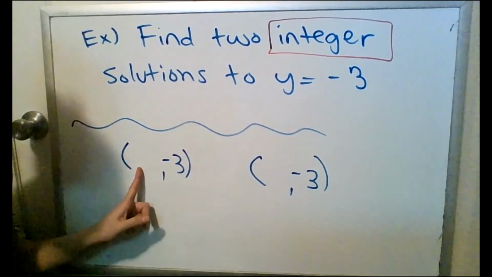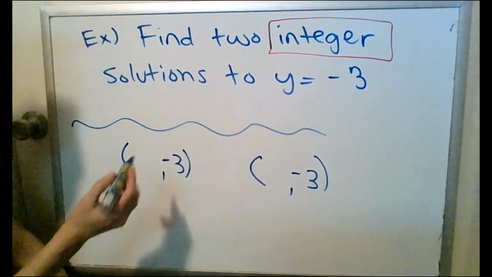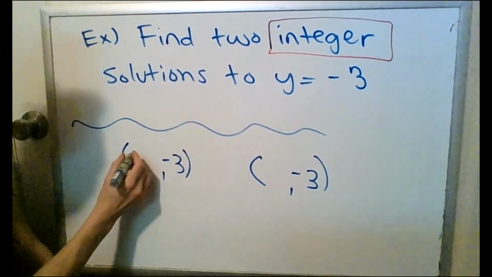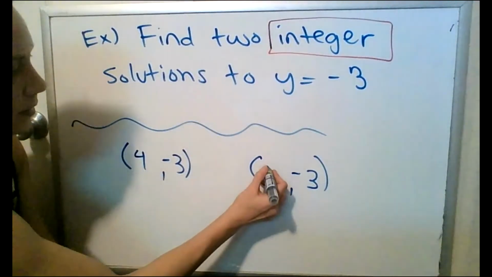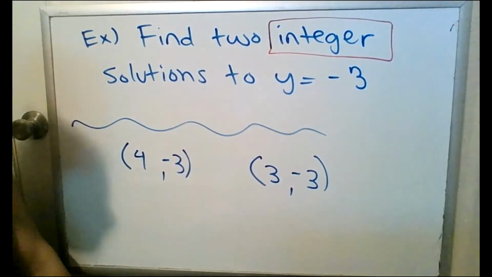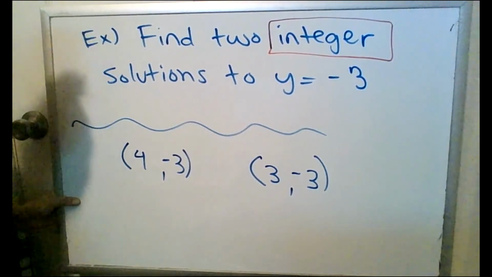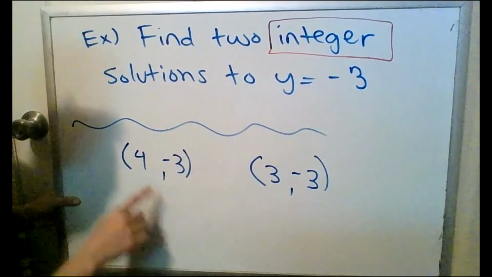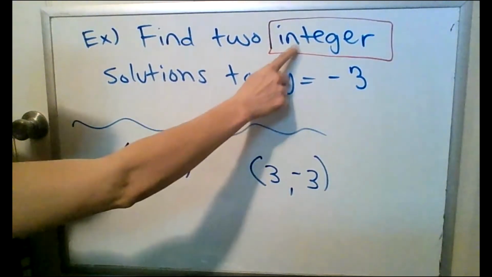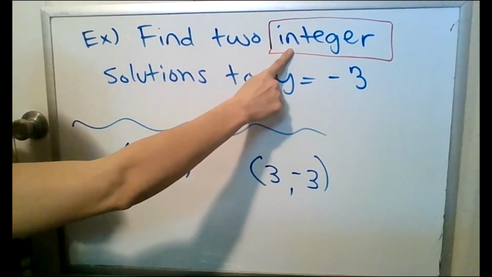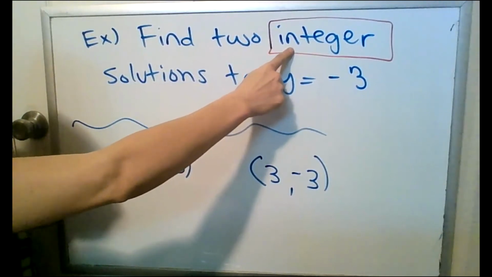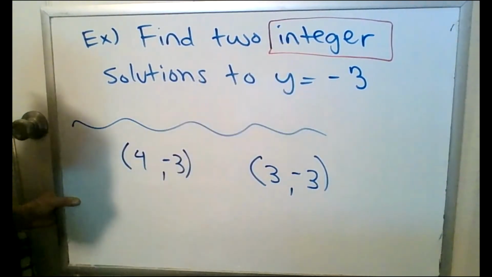So like last time, I could pick 4. There's nothing super special about it. Okay, cool. I'm glad I answered your question. The only goal in this kind of question with the integer part is don't use any fractions or any decimals. Just have it be a positive or negative counting number.